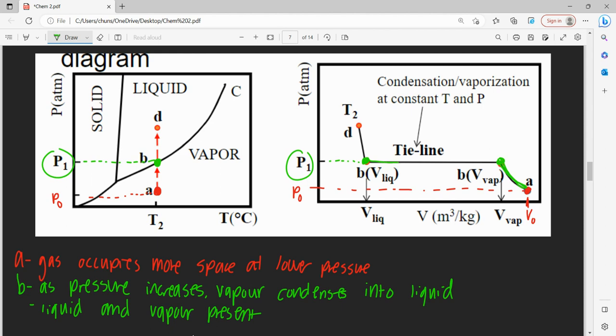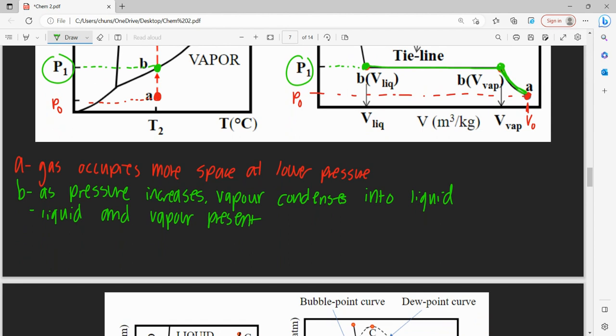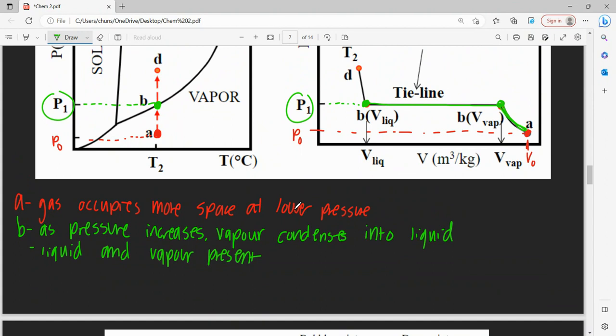And there's going to be this region called a tie line when we have two phases present. So this tie line shows that when a phase change occurs, we have constant temperature and constant pressure.